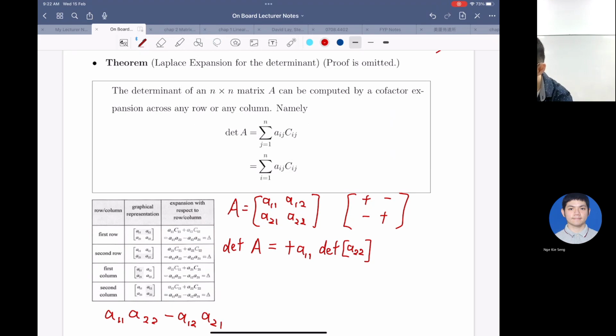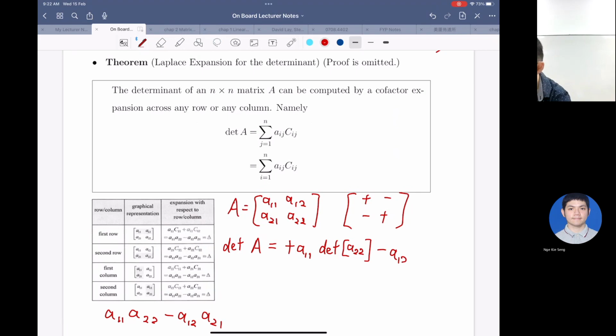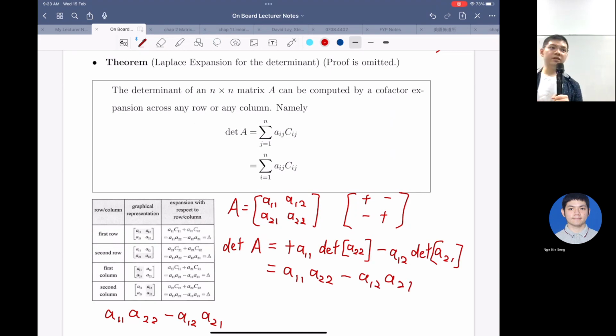And then minus A12 times the determinant of A21. It is just A11 times A22 minus A12 times A21. So this matches up with the determinant of the 2 by 2 case.